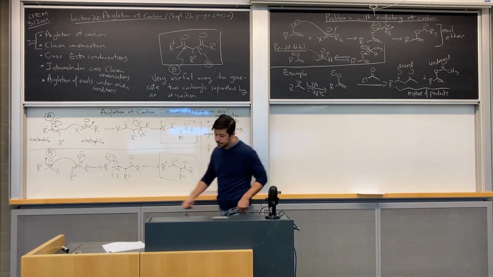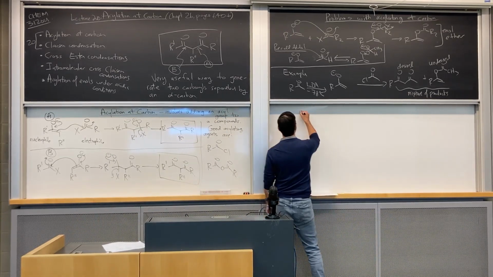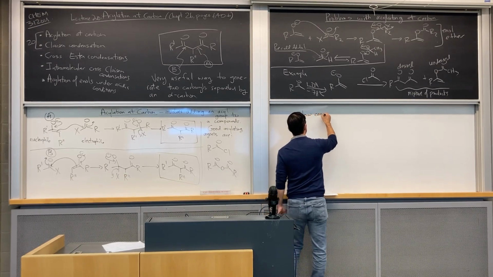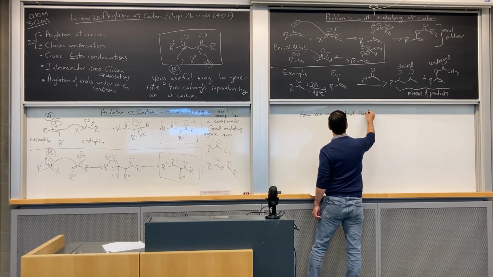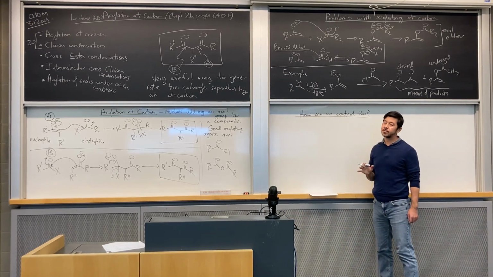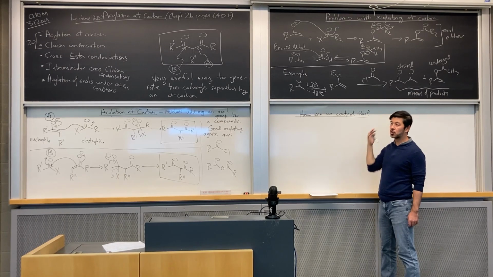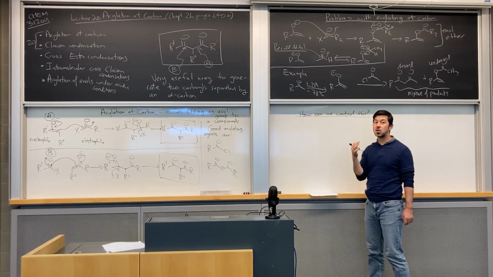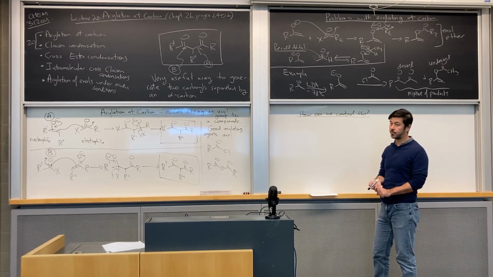So how can we control this? We can use less reactive specific enol equivalents. Lithium enolates are very reactive. So you've learned already some very good specific enol equivalents that are not as nucleophilic. These would be things like enamines and silyl enol ethers. Those are very good choices and candidates for this type of reaction.